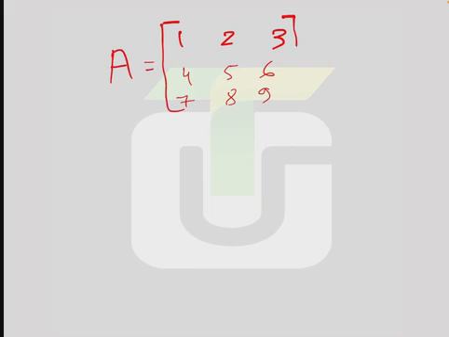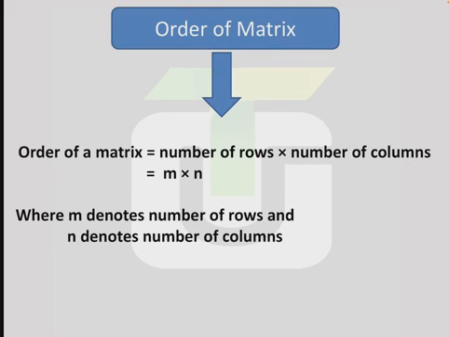Suppose we have a matrix A equal to 1 2 3 4 5 6 7 8 9. According to the definition, the order of a matrix is equal to the number of rows into the number of columns.